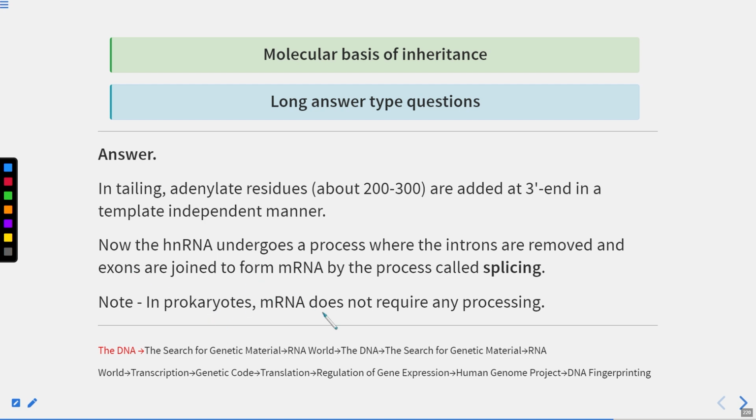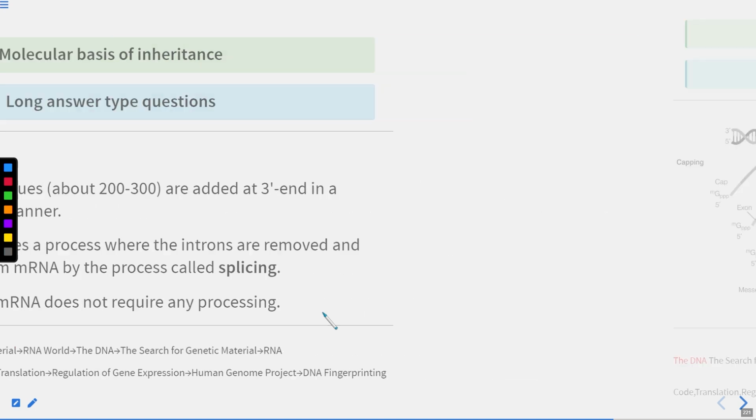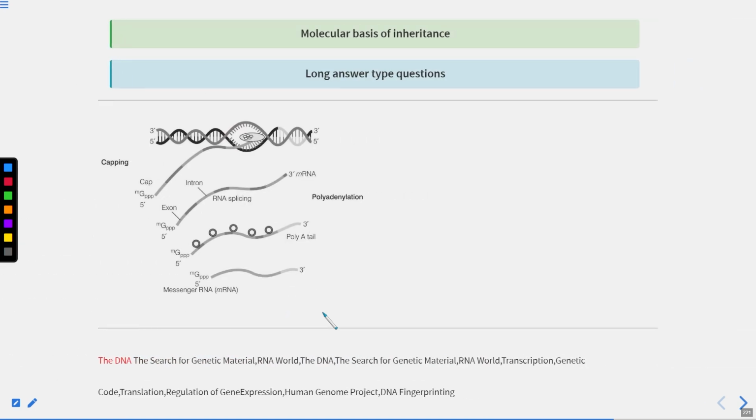So here I've written a note. In prokaryotes, mRNA does not require any processing because all the processes happen in the cytoplasm. Now, this figure shows the post-transcriptional modification. Initially, RNA synthesis is happening and hnRNA is produced. First, capping takes place.